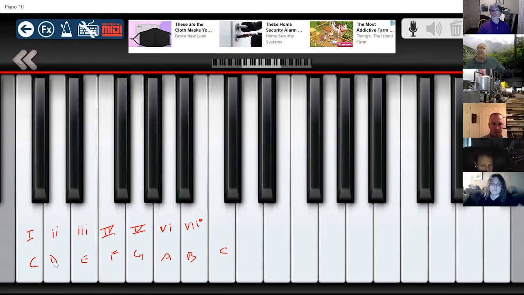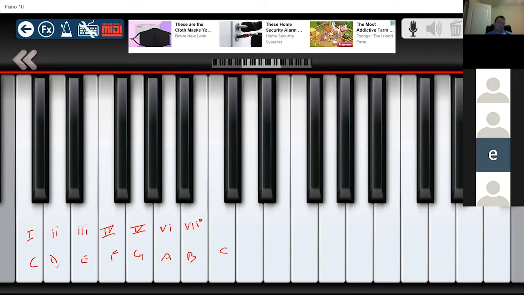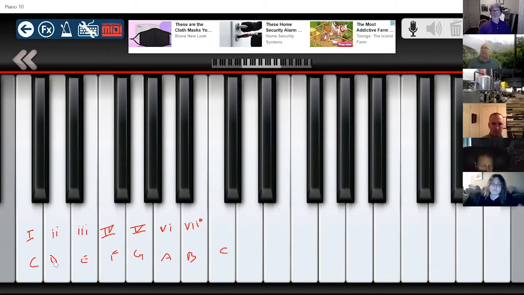However, in the key of D, if you remember our circle of fifths, in the key of D we should have 2 sharps. Which ones are they? F sharp and C sharp. Those are our 2 sharps, right? So in the key of D, we should have an F sharp. We should not have an F natural. But in the key of D minor, which has 1 flat, we do have an F natural.